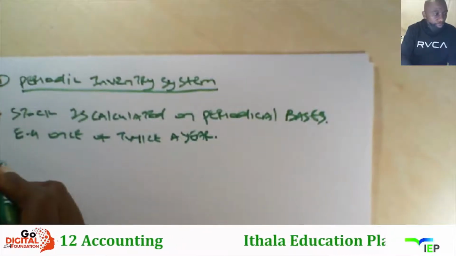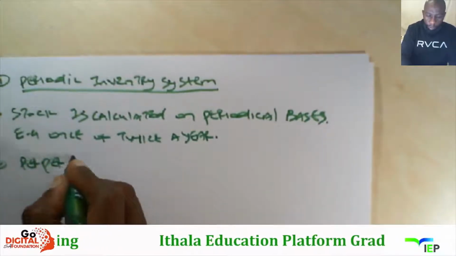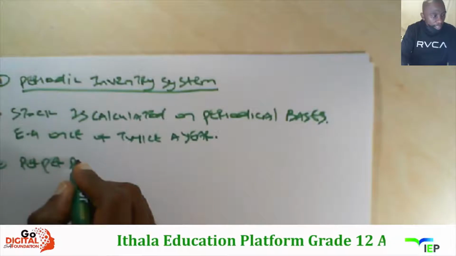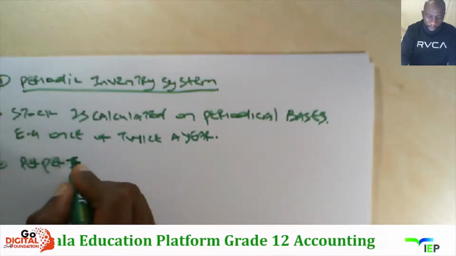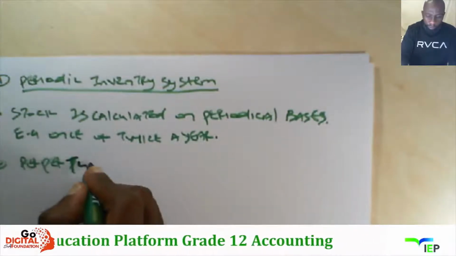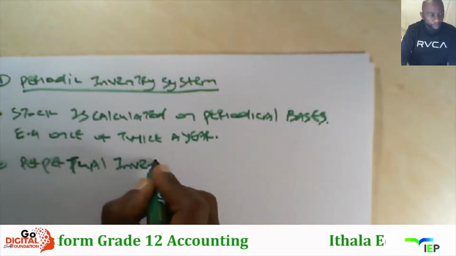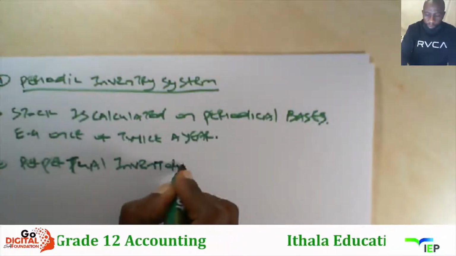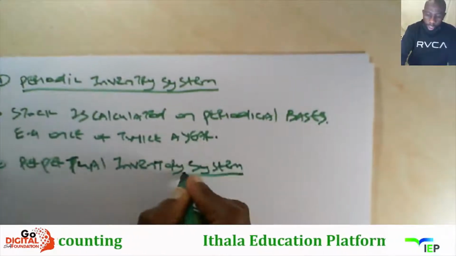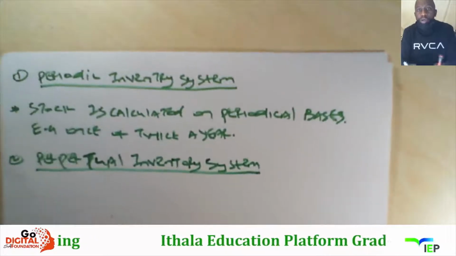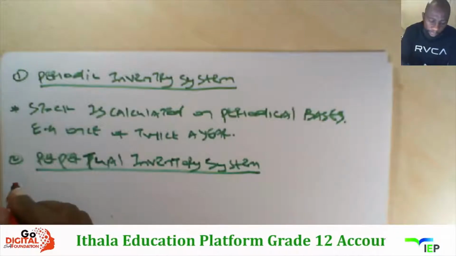Number 2, perpetual. We are doing this for the sake of the question. I think we did this before, but the question is also asking, so we cannot just jump. Perpetual inventory system. What is perpetual inventory system? Occurs whereby we calculate stock on a perpetual basis, on a daily basis.